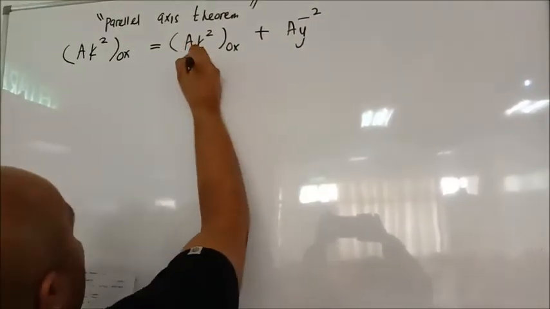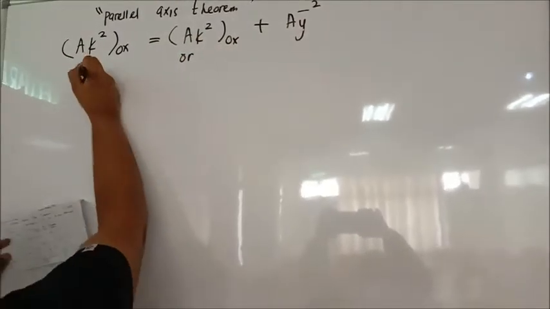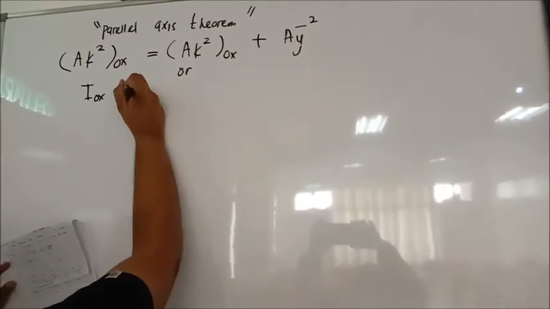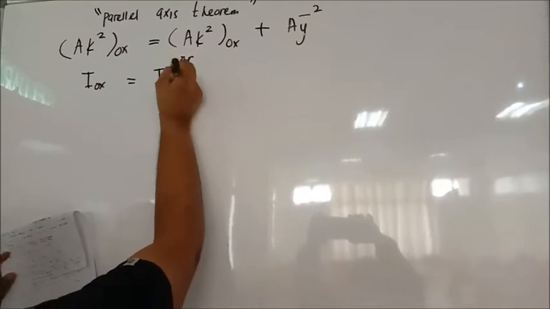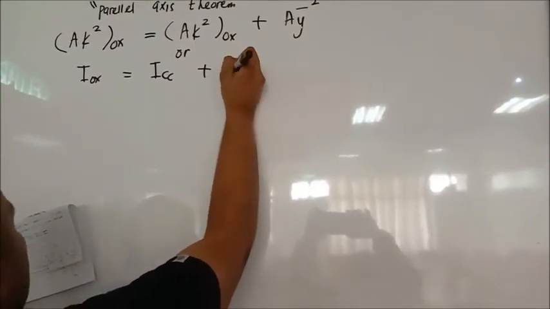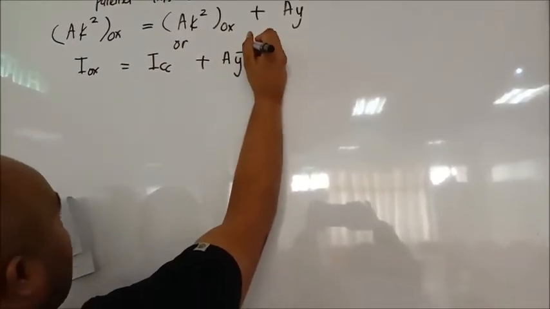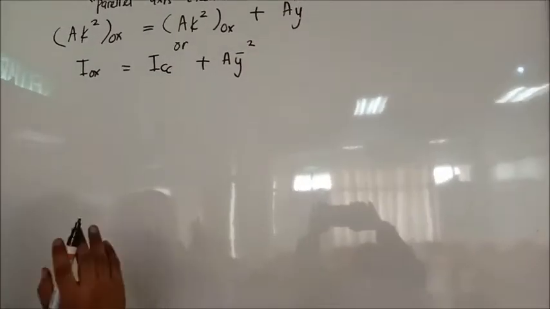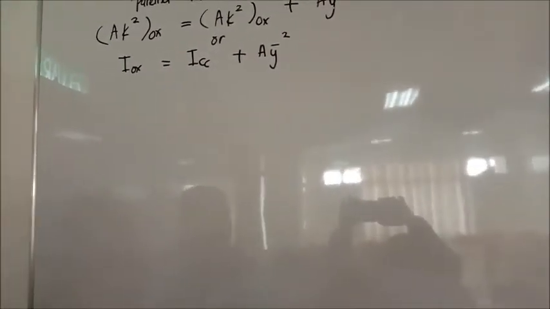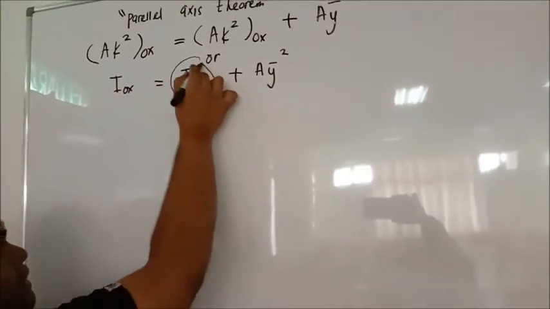Or it can be written as I Ox equals I CC plus A y bar squared. So what is basically the I CC? The I CC can be referred directly to the slide.